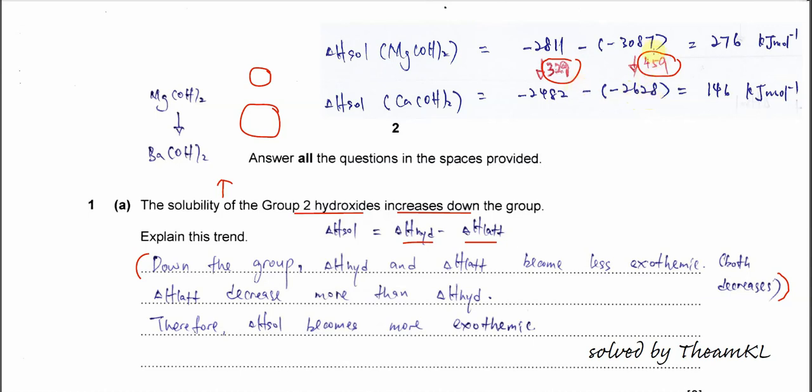So why does this one decrease more? It's because the lattice energy now is the dominant factor, or the main contributor. Why? Because the size of hydroxide is relatively smaller than sulfate, since this compares the solubility of sulfate and the solubility of hydroxide.